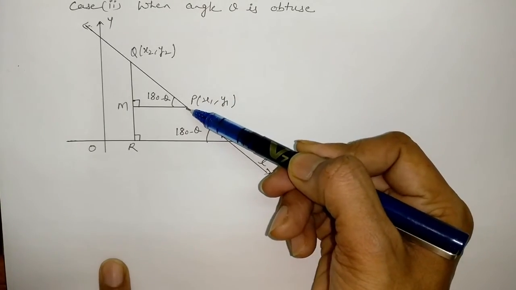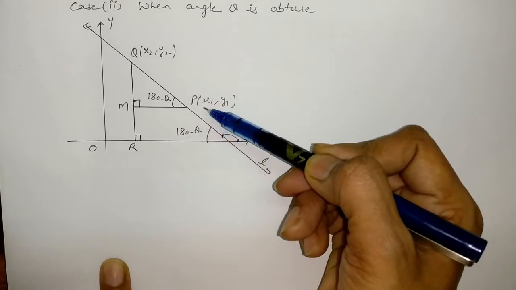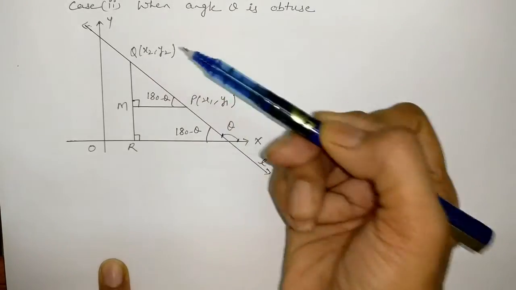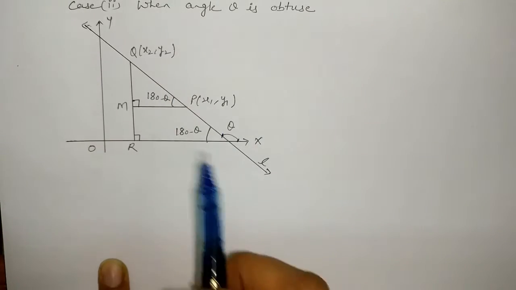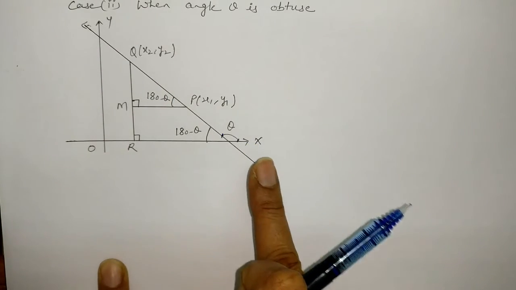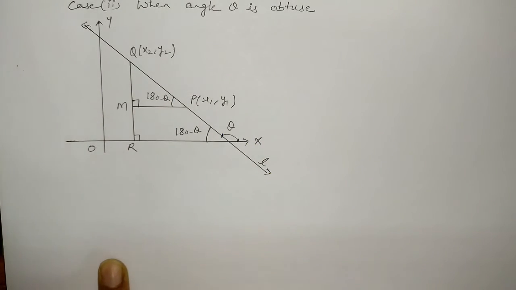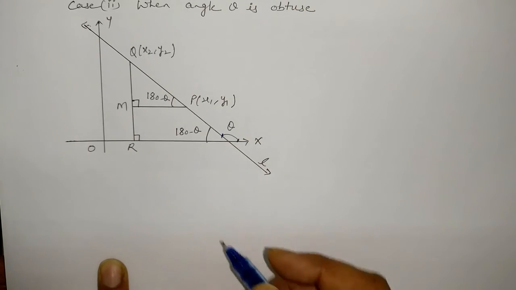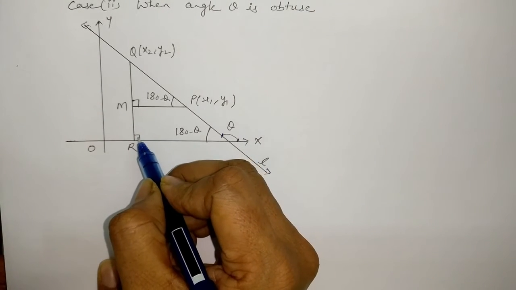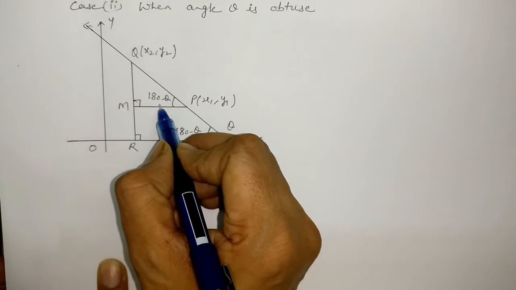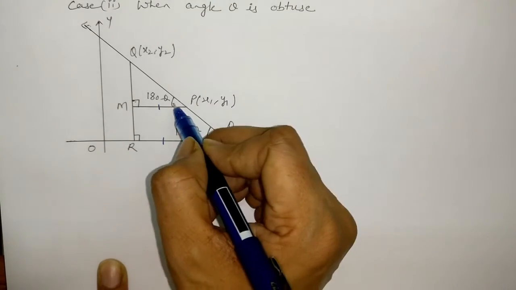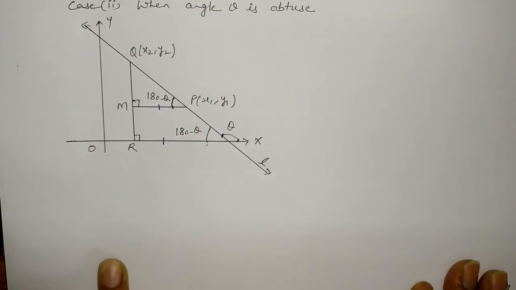The coordinates of the two points are x1, y1 for P and x2, y2 for Q. In the same way we drop a perpendicular from point Q to the x-axis, and a perpendicular from point P to QR, which gives two 90 degree angles, and hence these lines are parallel. So if it is 180 minus theta, this will also be 180 minus theta.